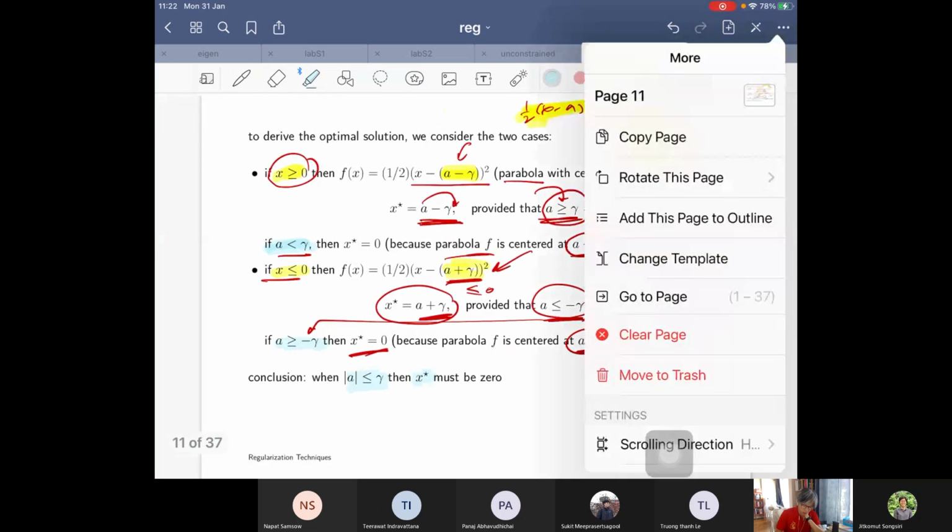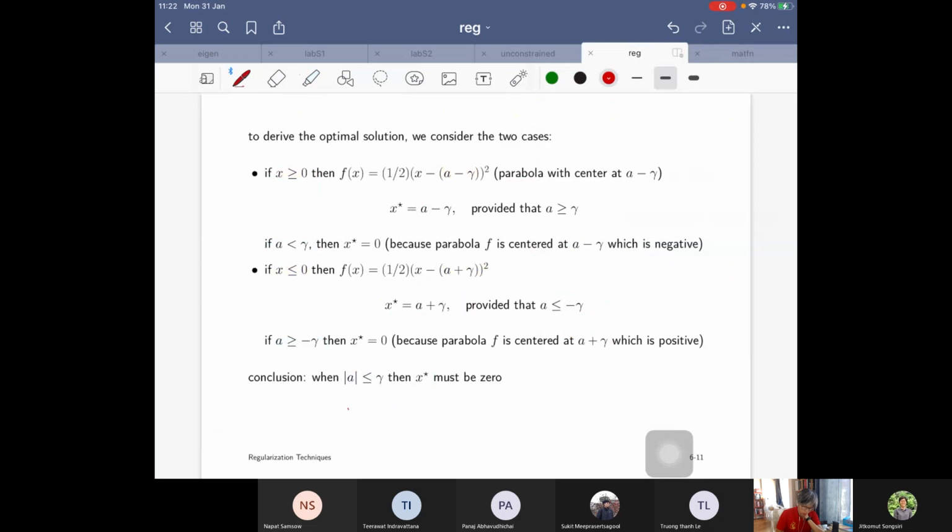So now we have that when a is less than gamma, x star is 0. But what about the other case, when the absolute value of a is bigger than gamma? We have two solutions, two cases: x star is a minus gamma, or x star is a plus gamma.